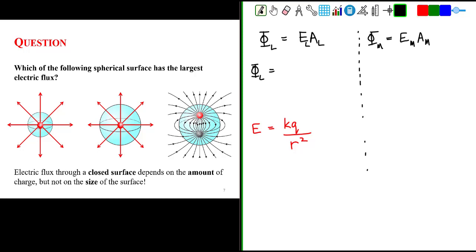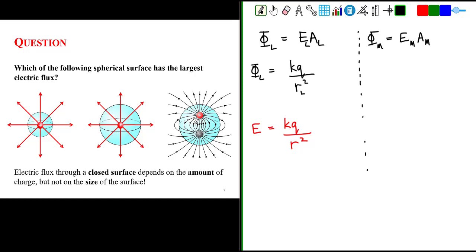Well, that means the electric flux for the surface on the left is given by the electric field, which is kQ over r_L squared.